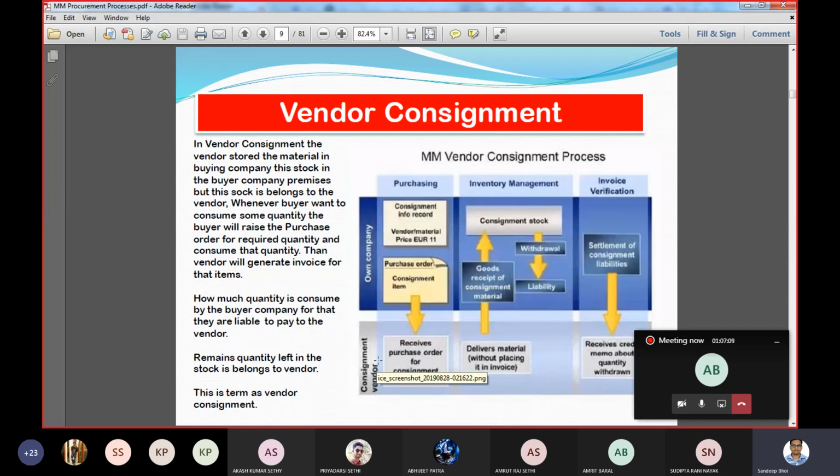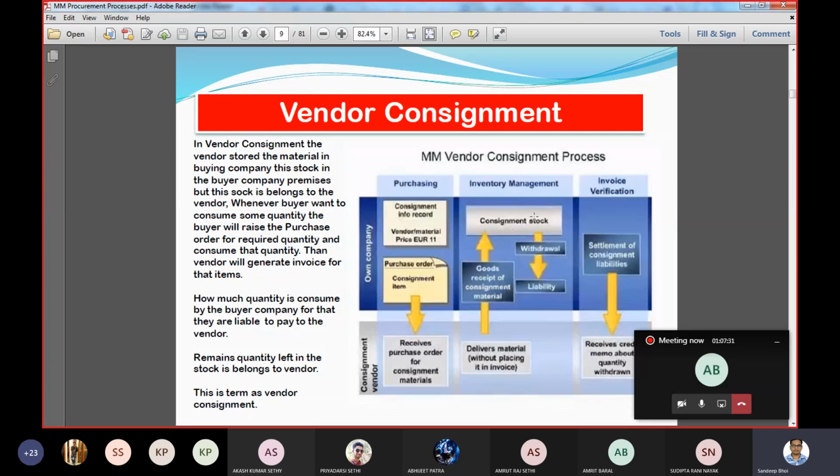I hope this process is clear, right? In the same way, this company has a purchasing unit, and this purchasing unit will ask the consignment vendor to store some goods or consignment material in the company's consignment stock.